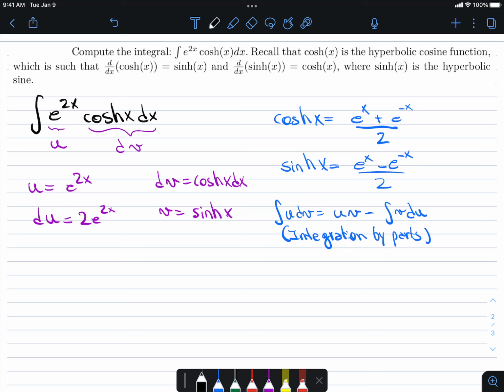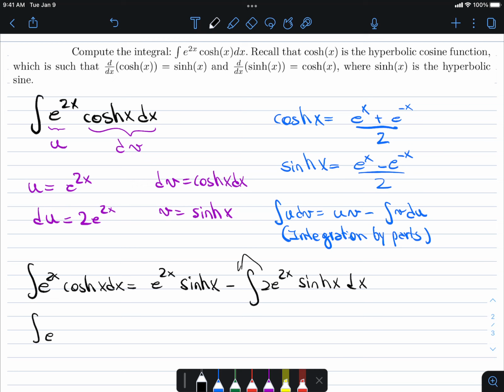And then this turns into uv, so let me actually write it out: e to the 2x times sinh x, that is uv, minus the integral of v du, so sinh x times 2e to the 2x dx. The 2 can come out, so this is e to the 2x.